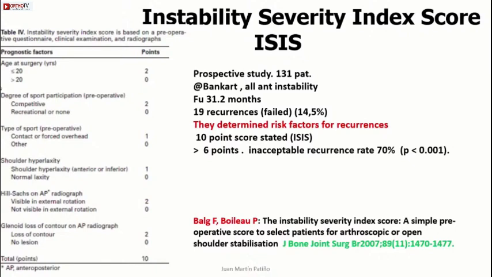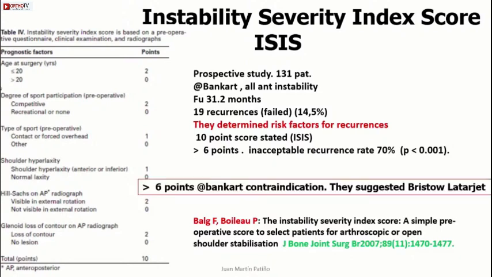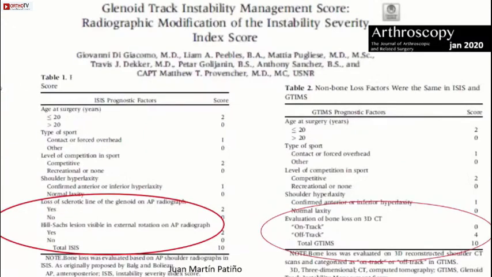Here on the table on the left, we have the different variables that they found. When they had more than 6 points, they found an unacceptable recurrence rate of 70%. So they concluded that with more than 6 points, the arthroscopic Bankart is a contraindication, and they suggested the Latarjet in those cases.